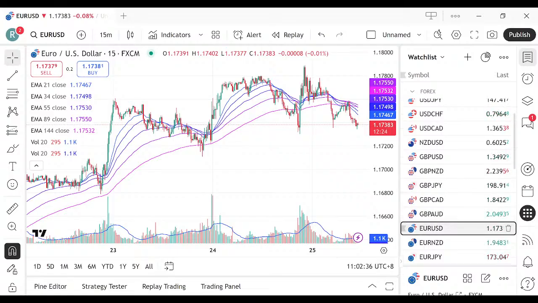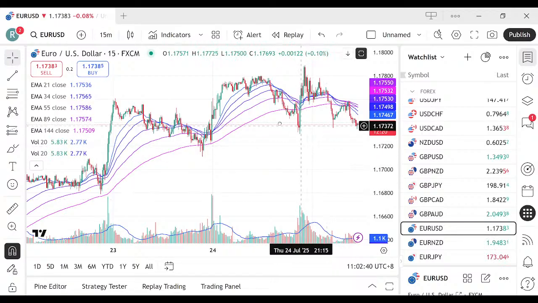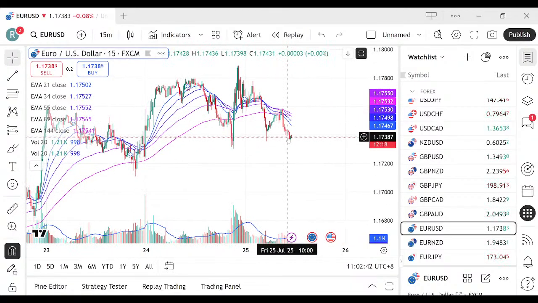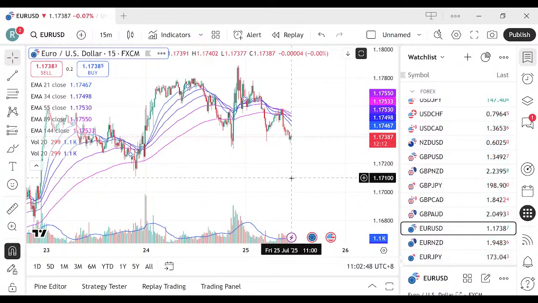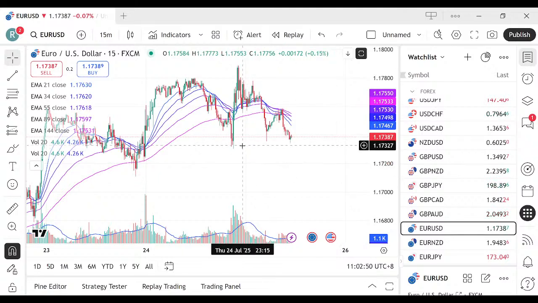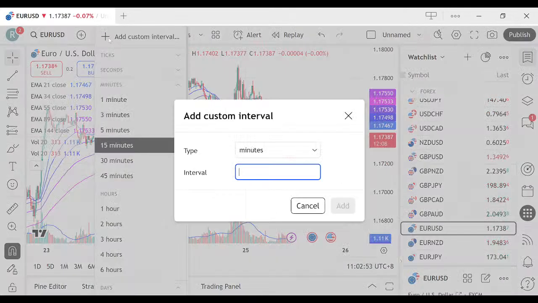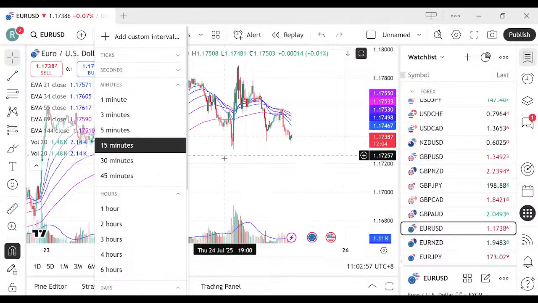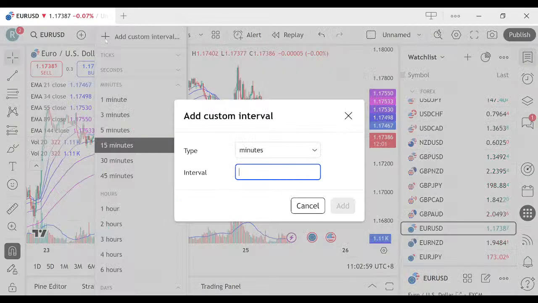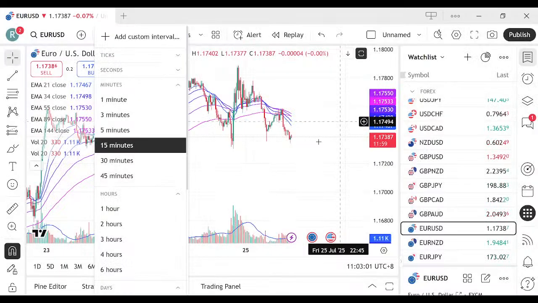I'll tell you what the euro dollar trend is and how we can maximize this trade, based on the chart pattern.